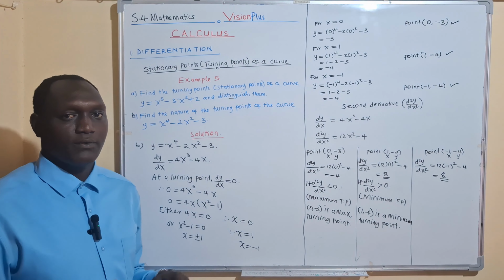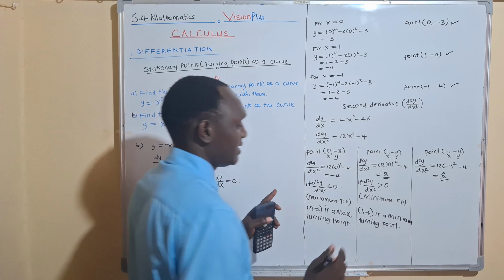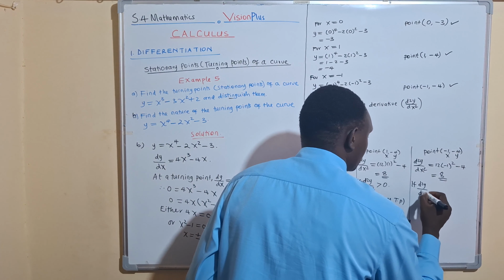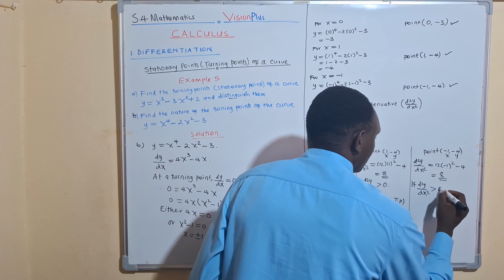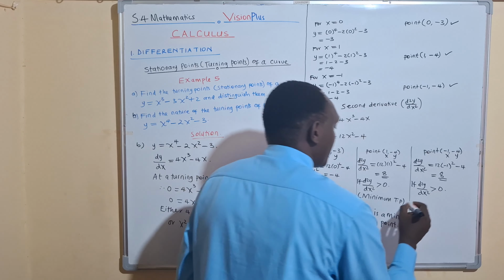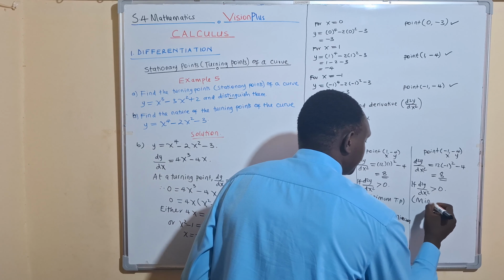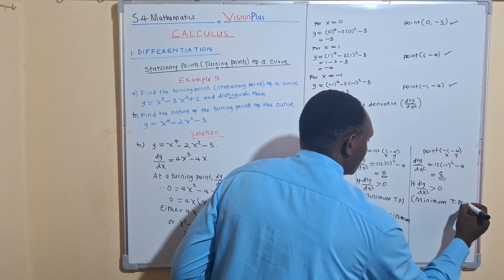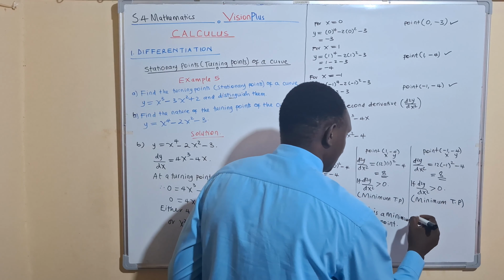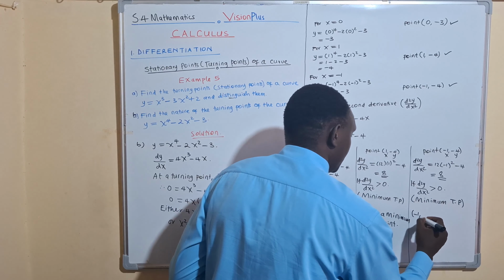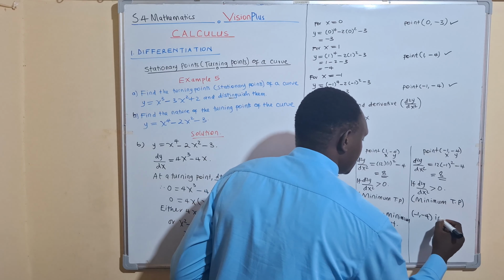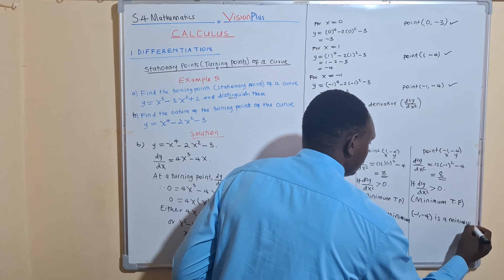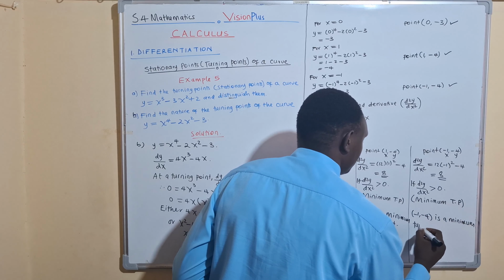And we say if the value of the second derivative is more than 0, we say it is a minimum turning point. This implies that the point negative 1 and negative 4 is a minimum turning point.